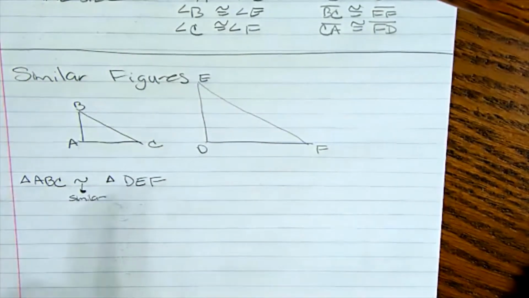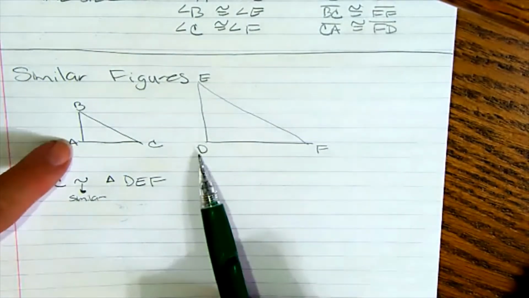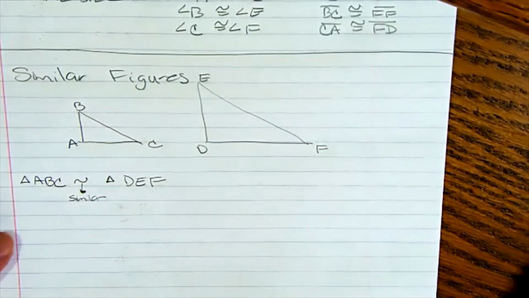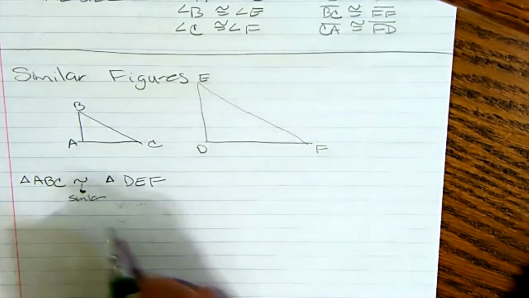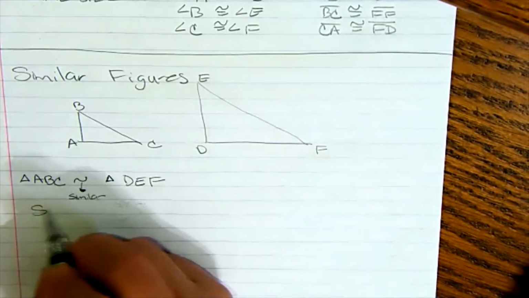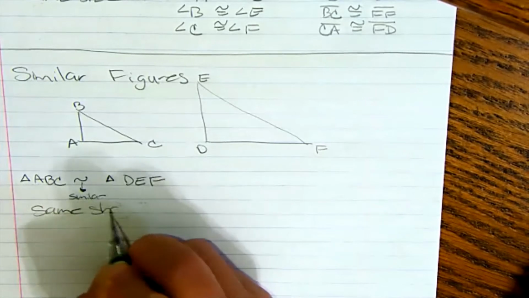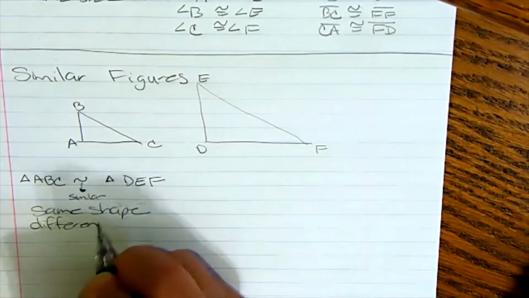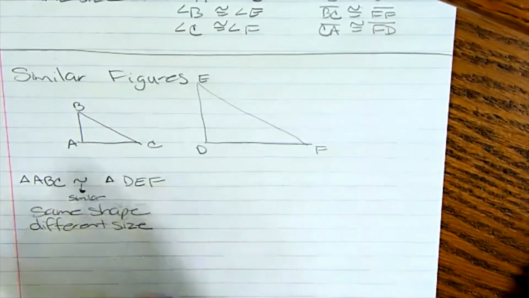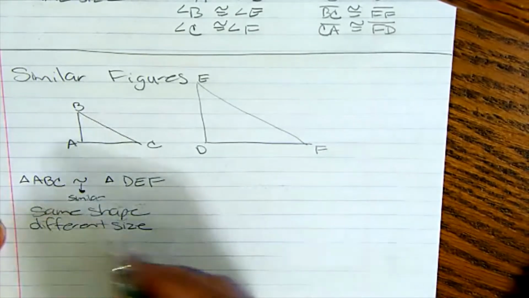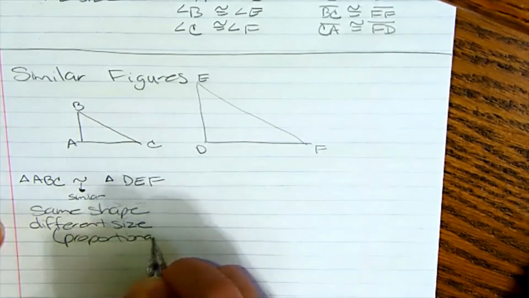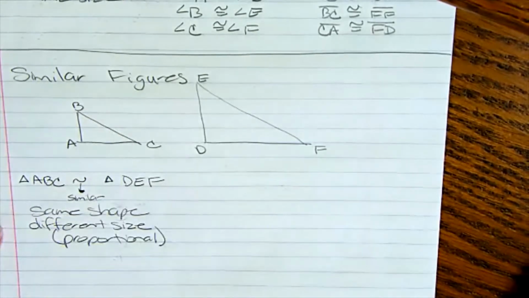And once again, we label corresponding vertices in order. So what does similar mean? Similar means same shape, different size, but that size is proportional. Okay?